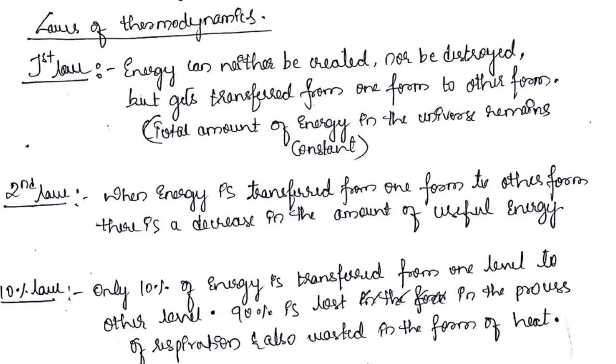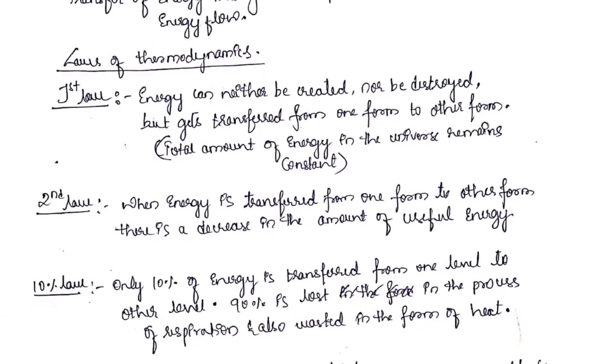The first law of thermodynamics is: energy can neither be created nor be destroyed but can be transferred from one form to another form. So the total amount of energy in the universe remains constant. Why? Because the energy present within the sun is absorbed by the plants and stored within the plants in the form of food.